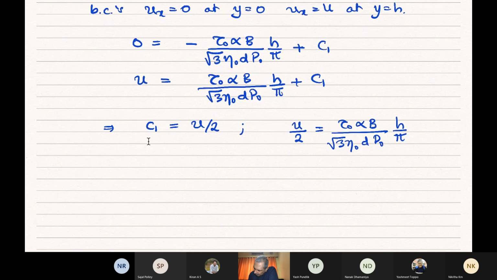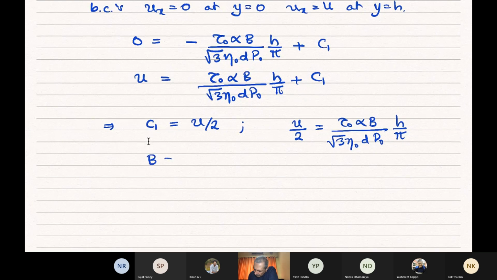So here I will get b is just equal to u by 2 into root 3 pi eta 0 d p0 divided by tau 0 alpha into h.